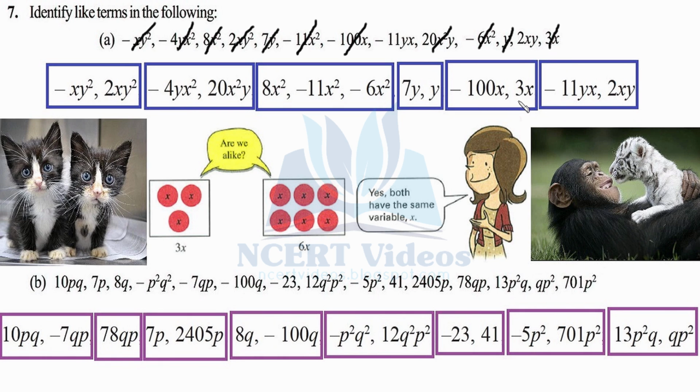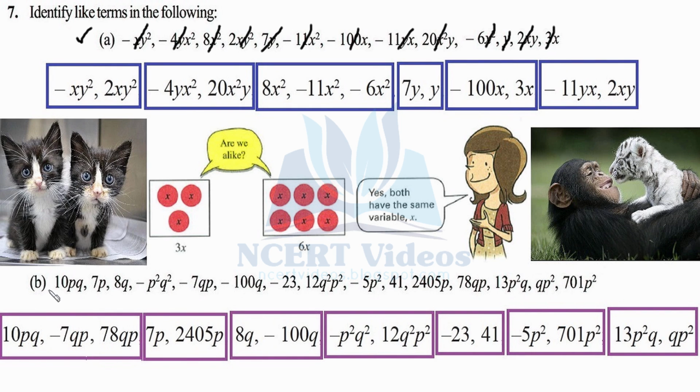We can write it here, making our pair. Now we are left with only two things, that is 1y, 1x, and here we have 1x, 1y. So we have made 1, 2, 3, 4, 5, 6 pairs in total, and that completes our A part. In this way you don't get puzzled and your question is also solved.